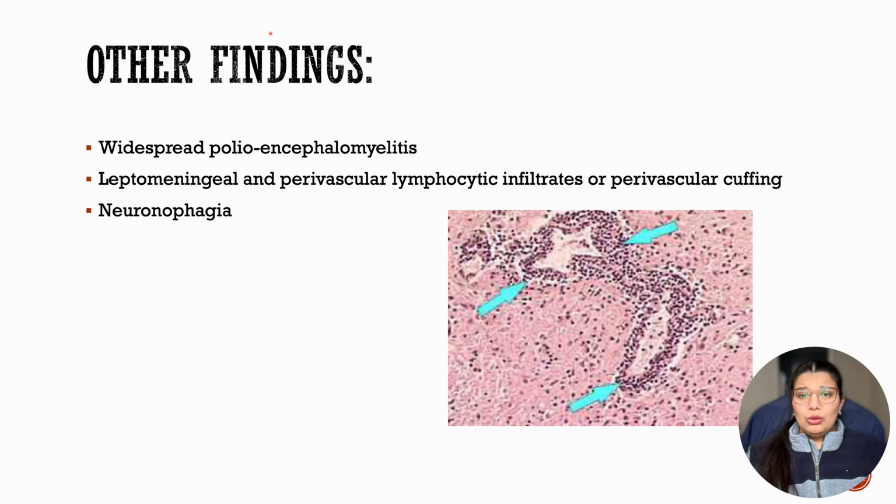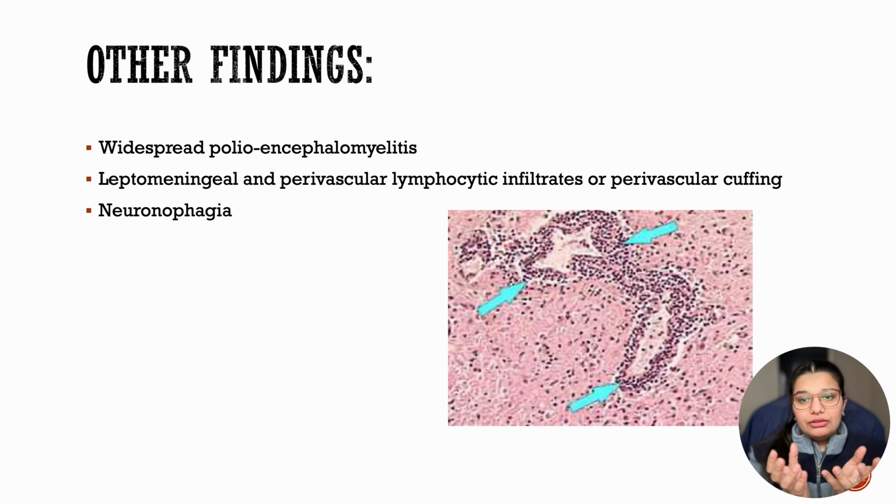What other findings can we see? There is widespread polioencephalomyelitis, with leptomeningeal and perivascular lymphocytic infiltrate. We call this perivascular cuffing. In this image, this is a blood vessel, which I'm highlighting with my arrow, and these are the lymphocytes around the blood vessel. We call it cuffing because they are cuffing the blood vessel, holding it tight around it.